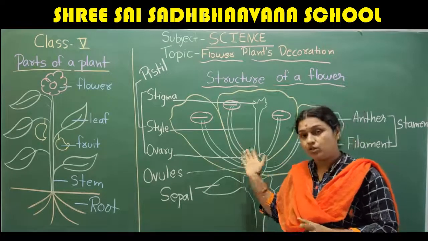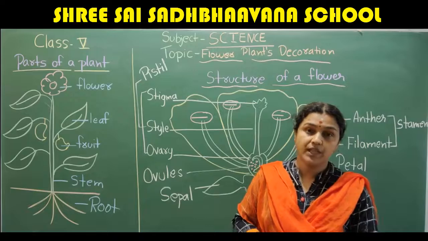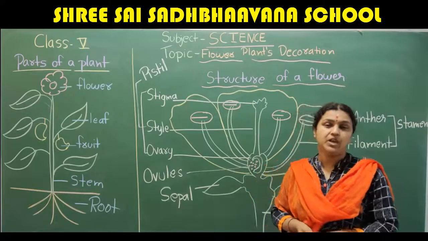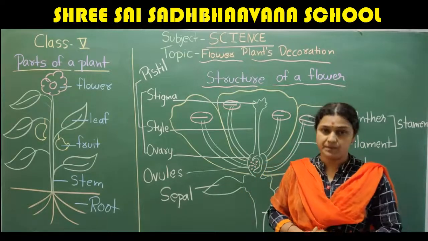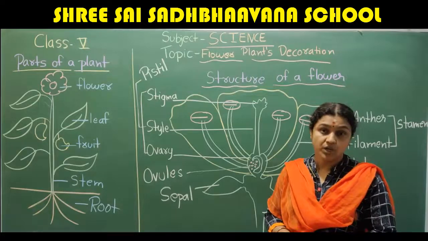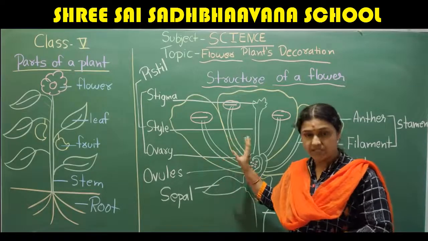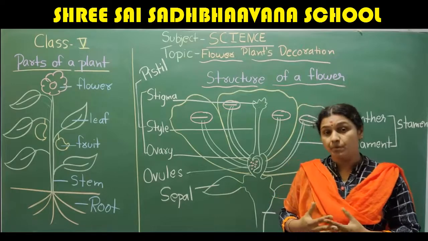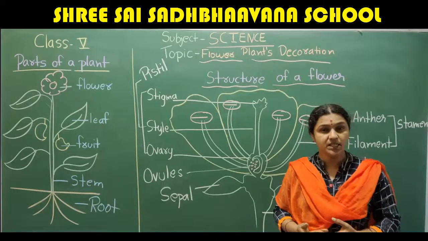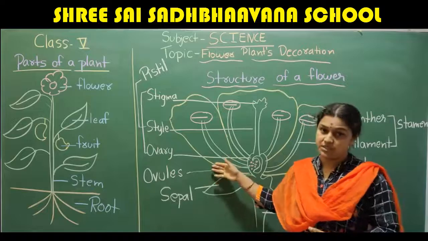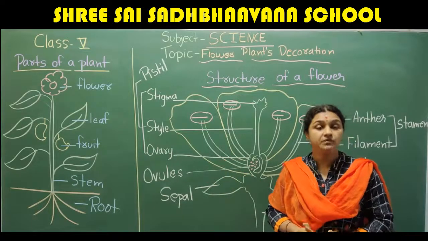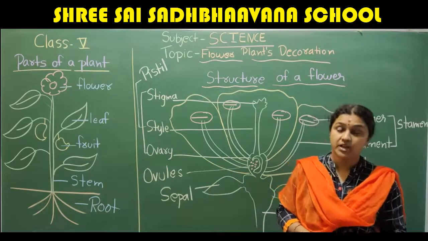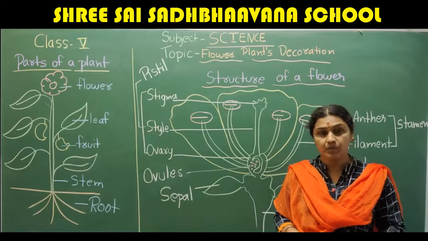Also, children, you need to know that the flower is being used for many purposes. How? In a plant, it plays an important role in the pollination. But when it comes to human beings, how do we use these flowers? We use the flower either for decoration or for puja purposes.